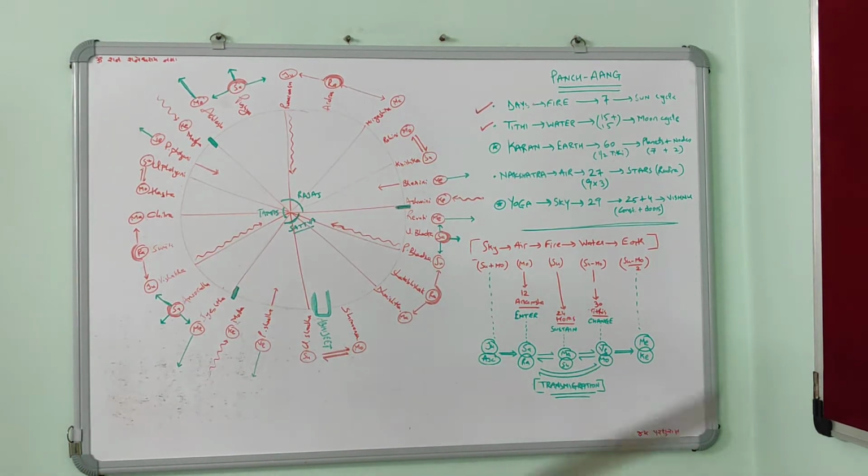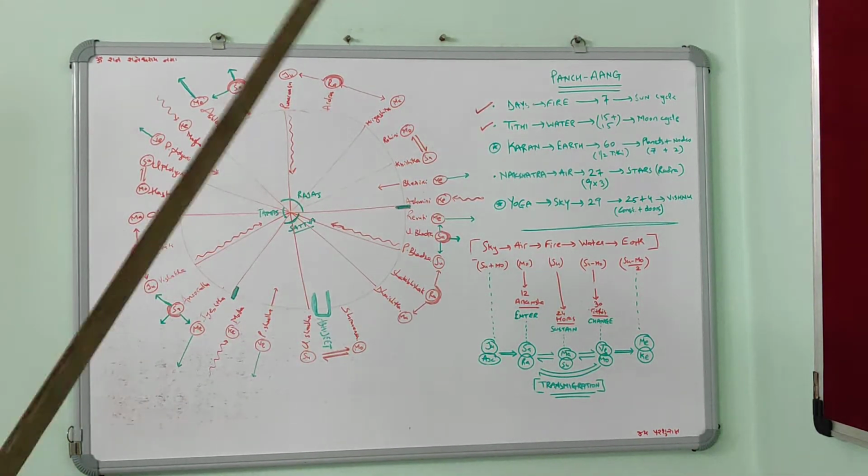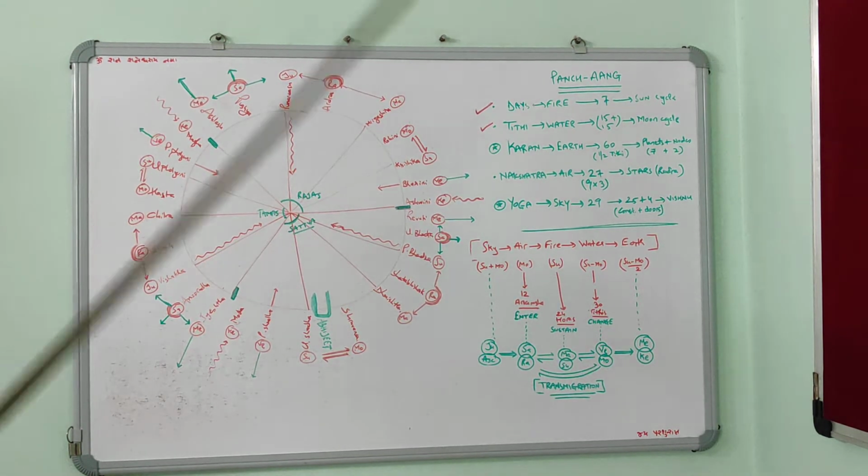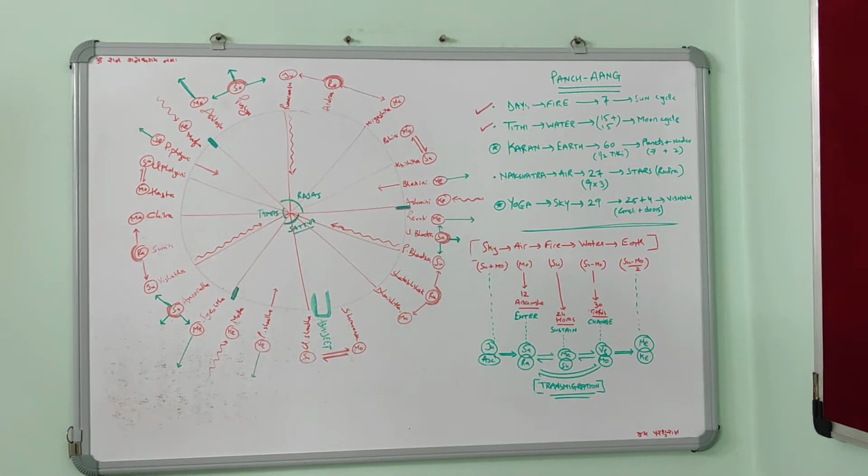If the ascendant nakshatra is Mula Nakshatra first pada, Ashwini Nakshatra first pada, or Magha Nakshatra first pada, then it is your first birth in this world.